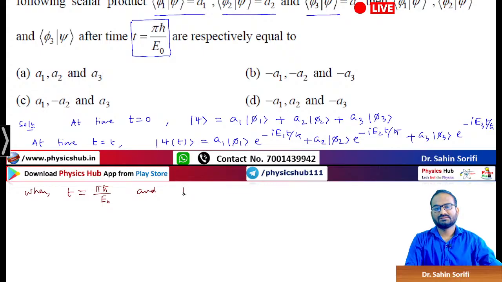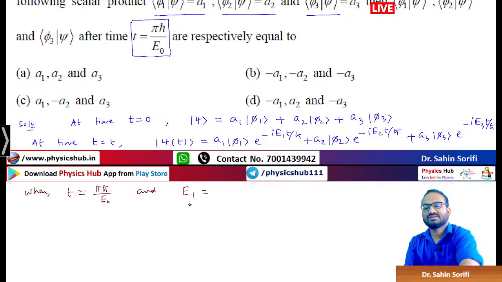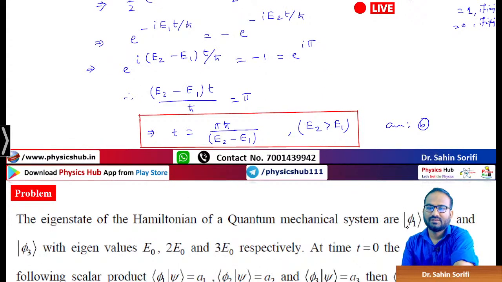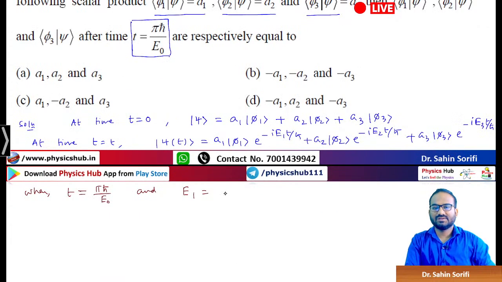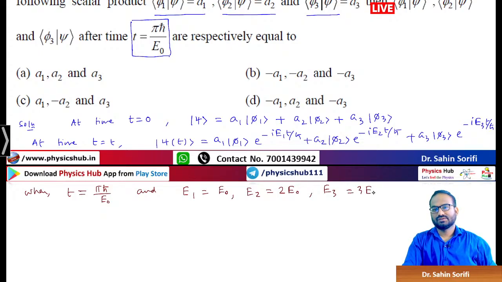Look, E1 is given to you. So the eigenvalue corresponding to phi 1 is E1, that is E0. The eigenvalue corresponding to phi 2 is E2, that is 2 E naught, and the eigenvalue corresponding to phi 3 is E3, that is 3 E naught. So here E1 is equal to E naught, E2 is equal to 2 E naught, and E3 is equal to 3 E naught.